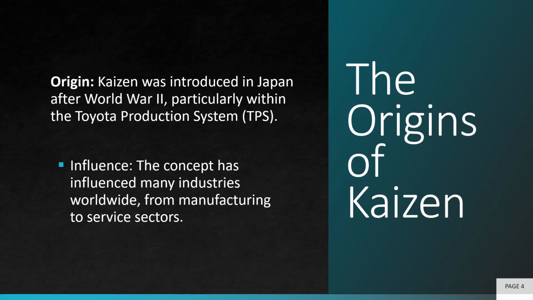The origin of Kaizen: Kaizen was introduced in Japan after World War II, particularly within the Toyota Production System, that is TPS. This concept has influenced many industries worldwide, from manufacturing to the service sector.